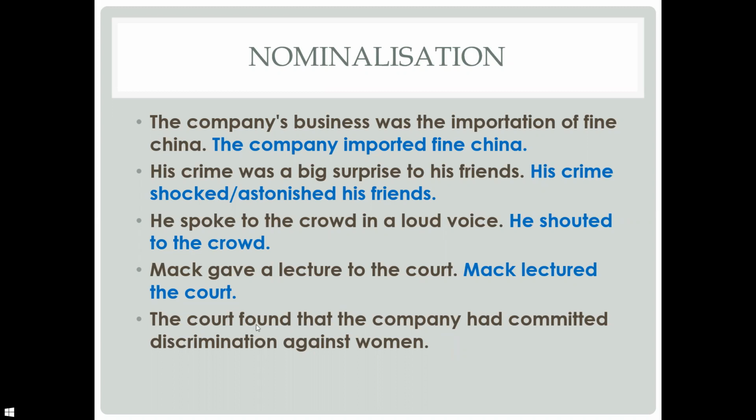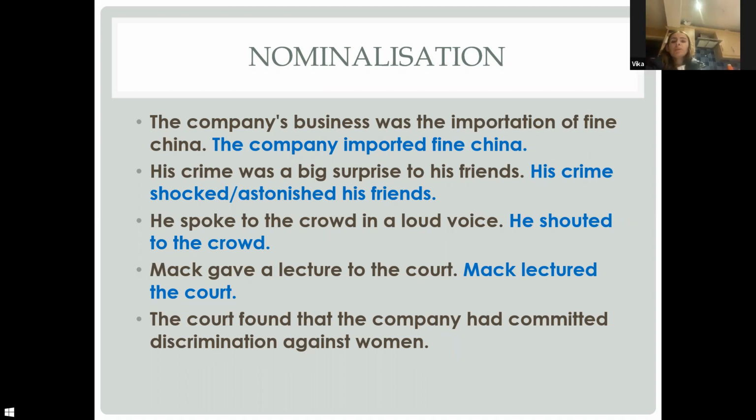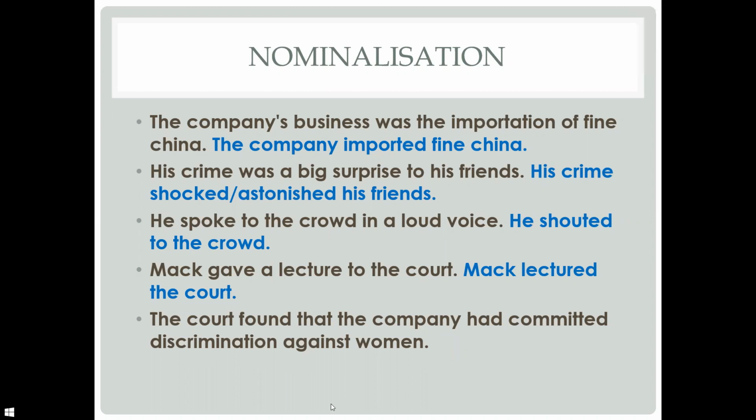So here it is. The court found that the company had committed discrimination against women. Discrimination is the noun. Let's turn it into a verb. The court found that the company what? Had discriminated against women. Remember that preposition, against. We're going to look at prepositions as well in about 3 or 4 lessons' time.